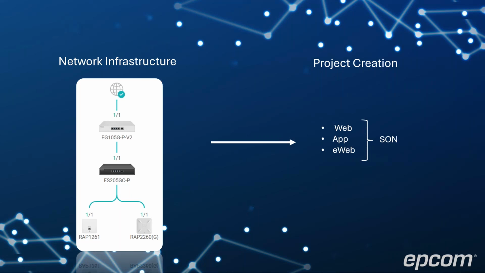So we do the project creation. With Reyee, we can create the project in different ways: by web, by app, and by eWeb. And we will see everything like this image. This is possible thanks to a protocol called SON, self-organized network, which is basically a layer 2 protocol made by the brand.